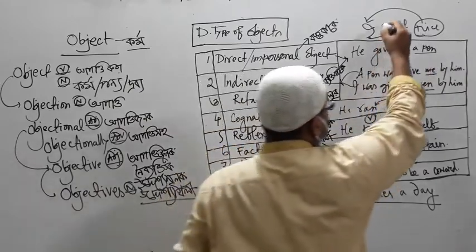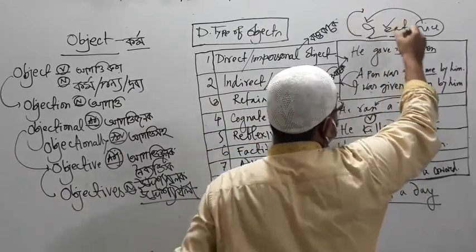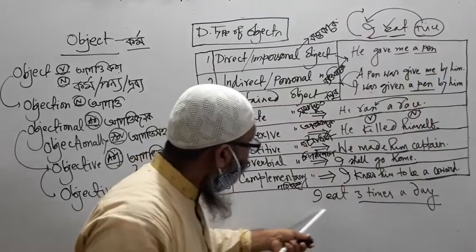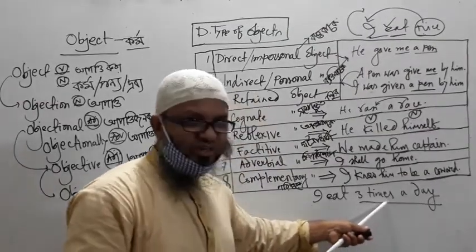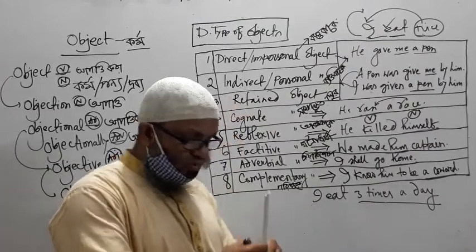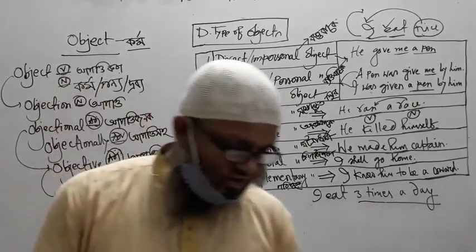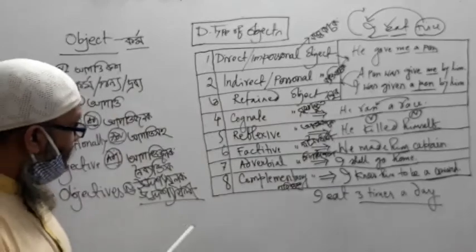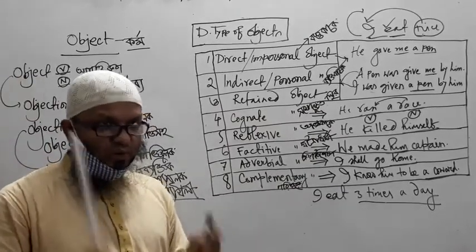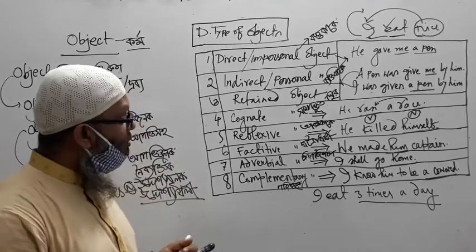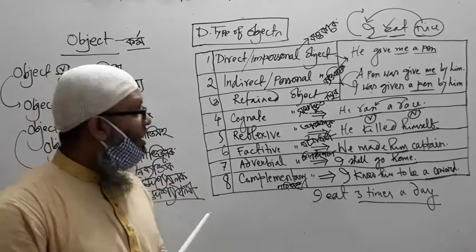That's why it is transitive. It can be turned into passive voice, but the other cannot be turned into passive voice. See that? There is no object here. Okay? That's why it is intransitive. So an object is a must. First of all, you have to know all of the objects, and then you can change your voice properly and quickly. Then there will be no problem on your part to change voice.